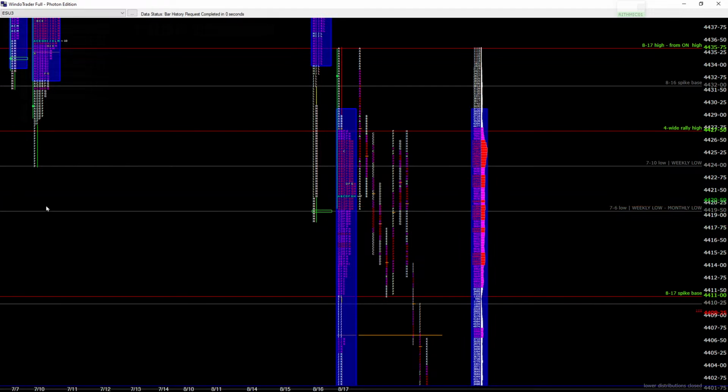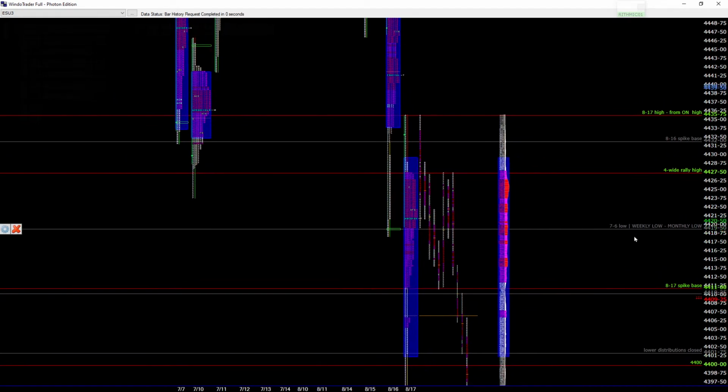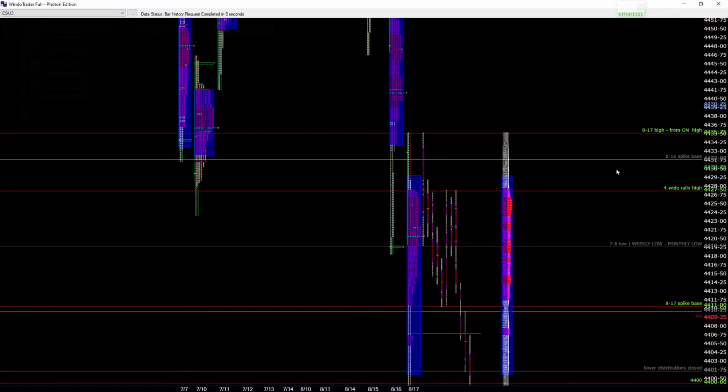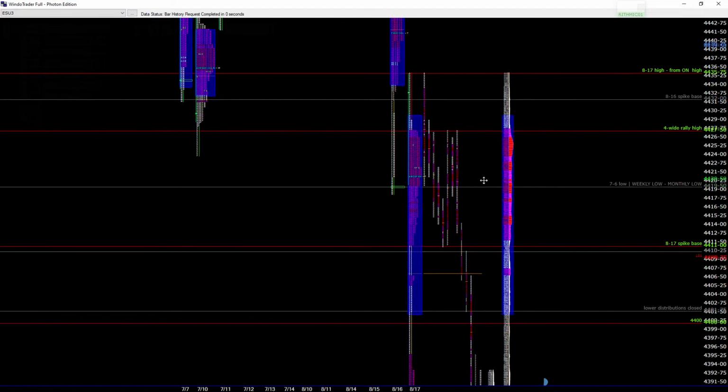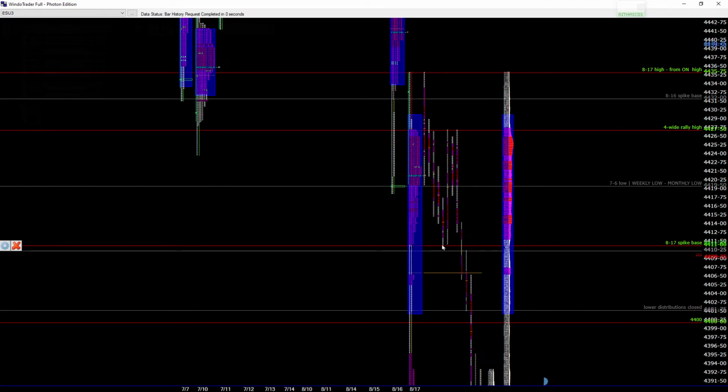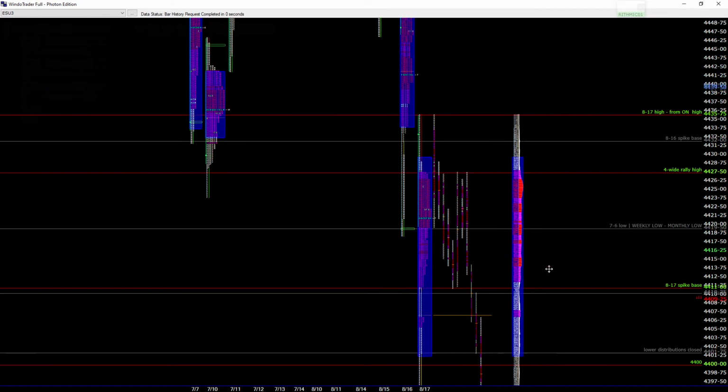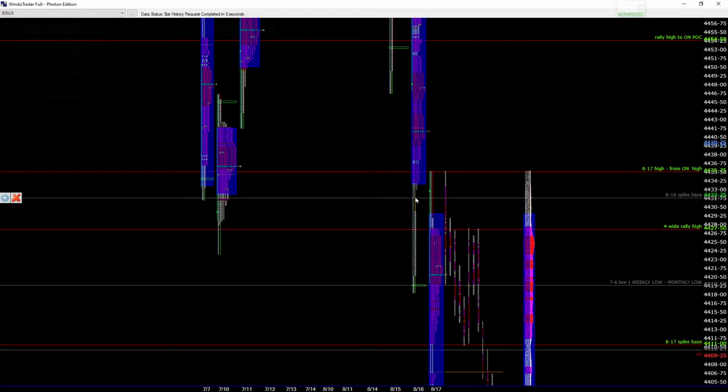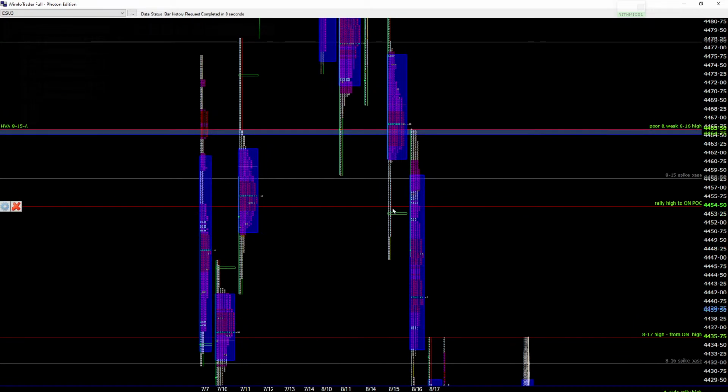This is history. This also doesn't matter anymore. I'm keeping this as a reference because the market can recheck this level. It has a spike. Yesterday we got a spike here. Another spike the day before, and another spike the day before.